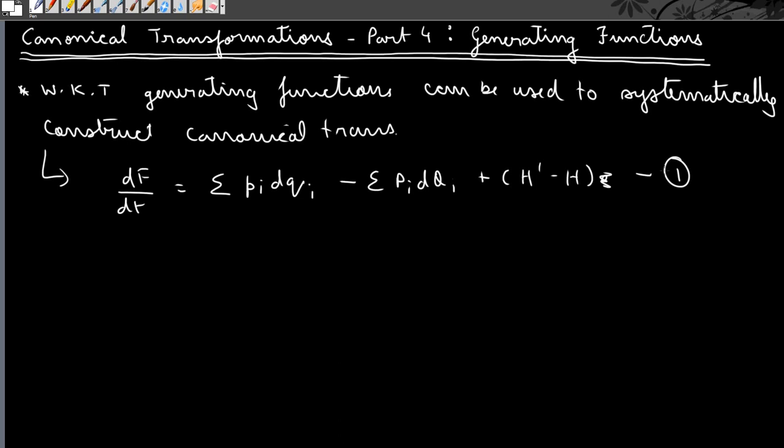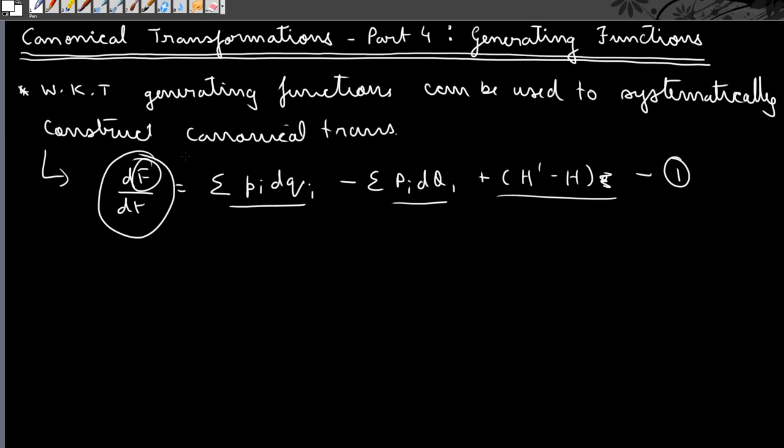So what does this relation tell us? It tells us that these quantities are related in such a way that they should be equal to the total time differential of a function whose variation at the initial and final positions or coordinates must be 0.